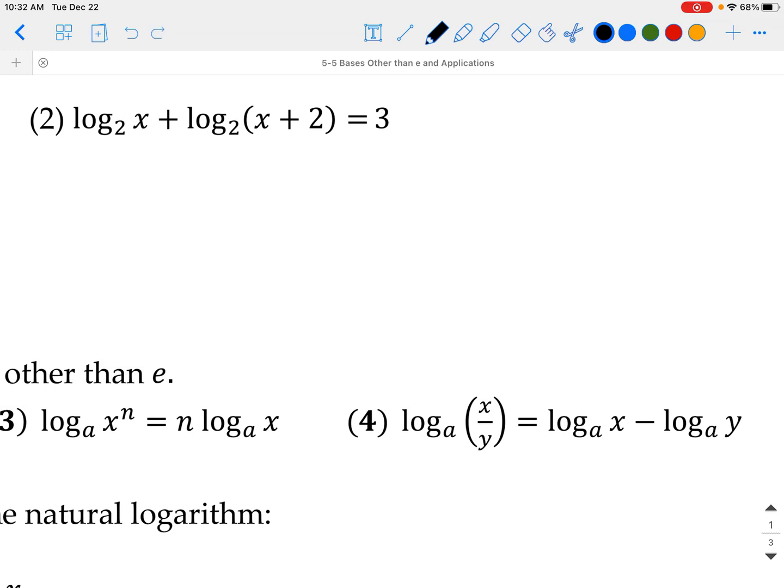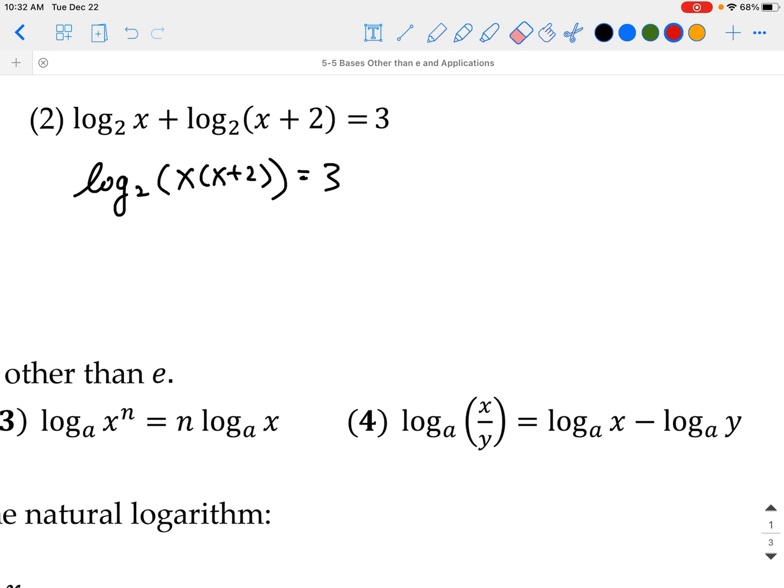We could combine these two logarithms on the left by the product property since we're adding. So this would become log base 2 of x times x plus 2 is equal to 3. And then we could rewrite this by taking the power of 2 on both sides and treating these as exponents. So in other words, 2 to the log base 2 of x times x plus 2 is equal to 2 to the third.